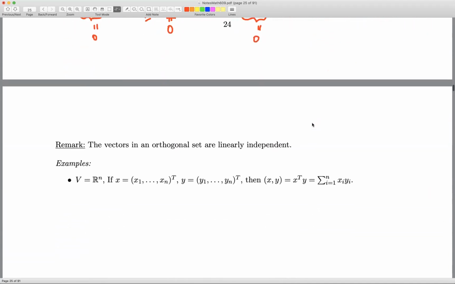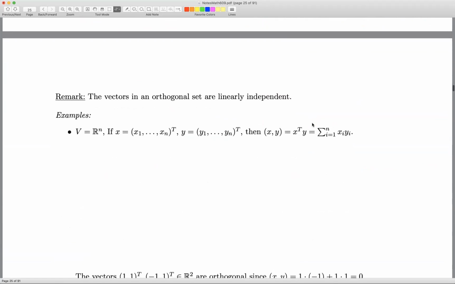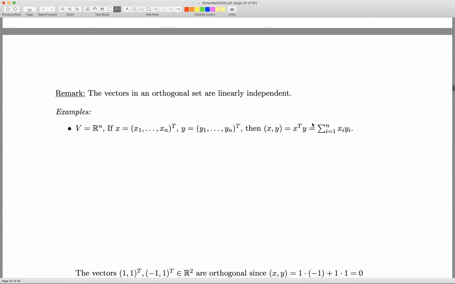Now we continue further to show examples of a mapping that is an inner product. So our first example is the vector space V, which consists of all n-tuples x1, x2, and so on, xn, whose coordinates are real numbers.